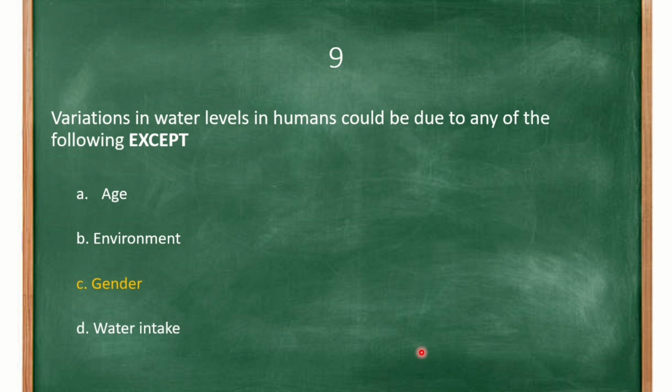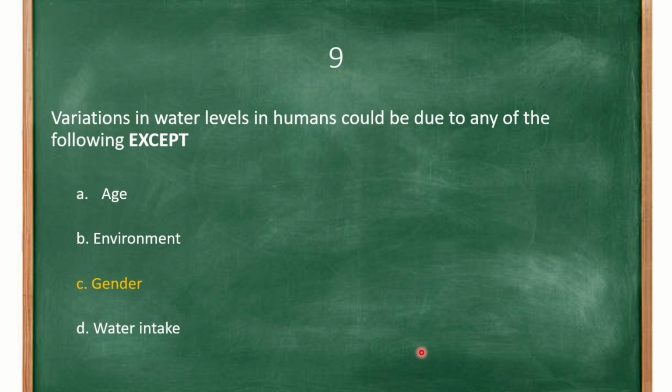So the difference in body water content between males and females is related more to body fat percentage rather than the gender itself. While gender can influence body composition, the variation in water levels between the genders is not as significant as other factors. So that's why we are selecting option C.